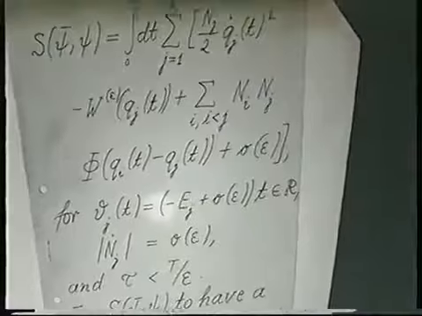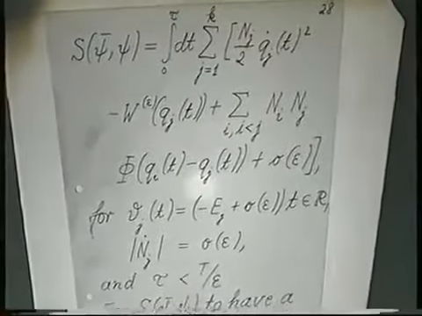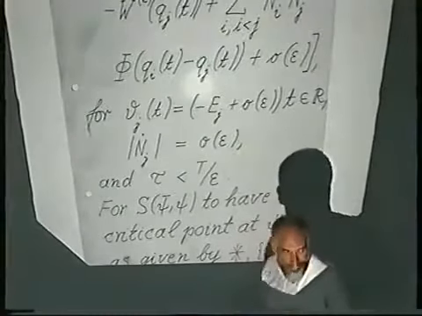The action actually becomes the action functional of k point particles, non-relativistic point particles, moving in an external potential and interacting via two-body forces, up to an error term which goes to zero more rapidly than epsilon. So if I view the trajectories of the solitons as parameters to vary, I will have to vary this action functional and check what it gives.